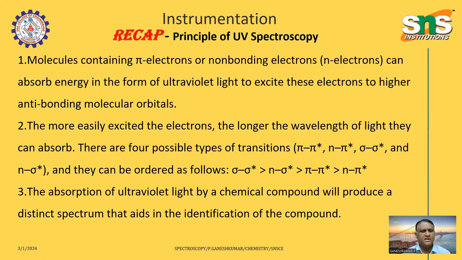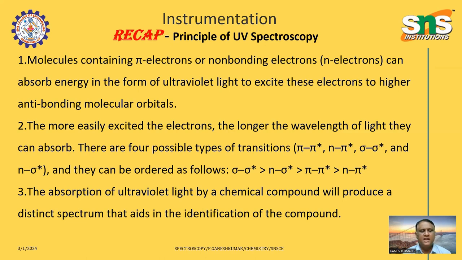When this happens, the molecules containing the π electrons, or non-bonding electrons, that is n electrons, can absorb energy in the form of ultraviolet light to excite these electrons to higher antibonding molecular orbitals. These have been explained by the Beer-Lambert's law and the excitation principles.